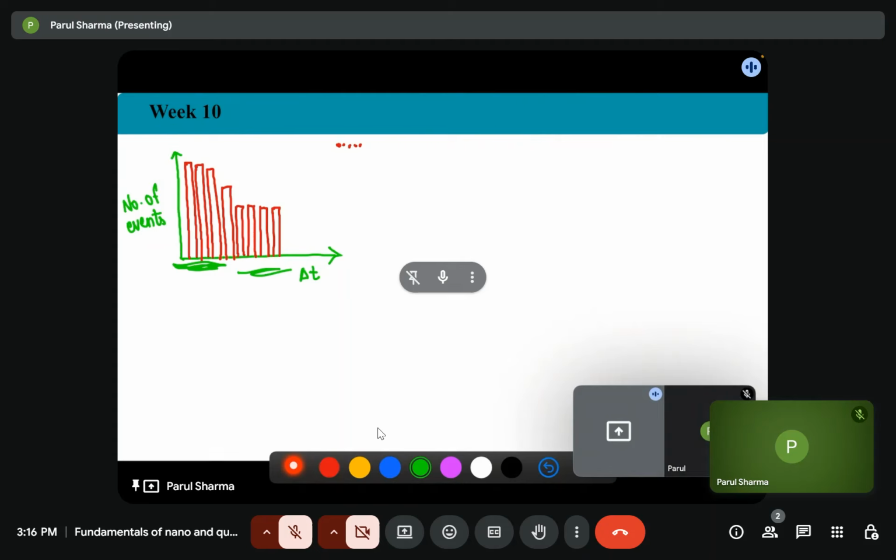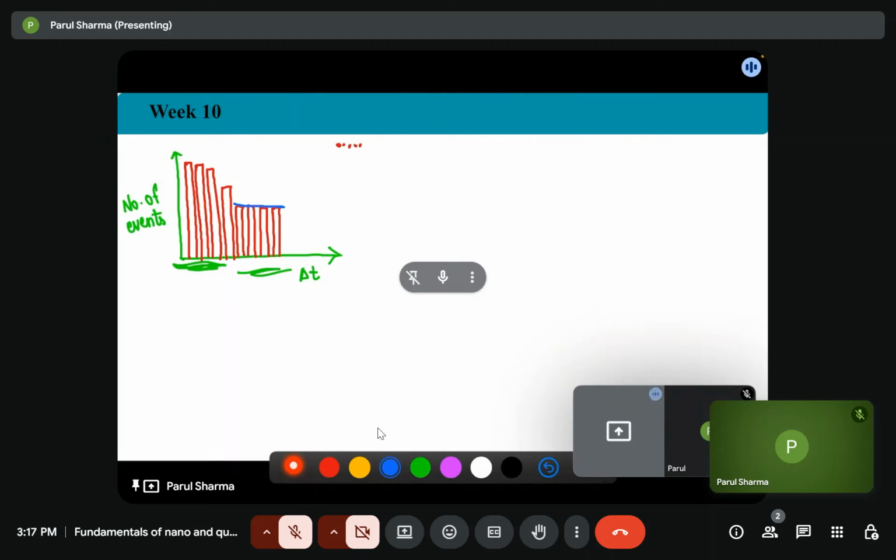That's why over a long time the histogram becomes flat. So in the short time interval, we have a larger probability of finding photons because the photons are bunched together, and for a long time interval, it becomes flat.